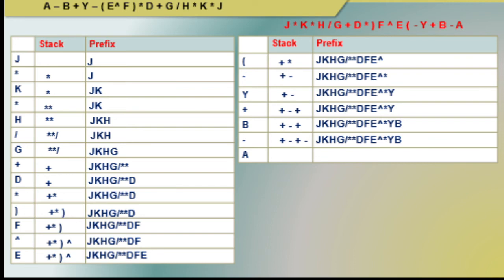Our stack still contains our addition operator, subtraction operator, addition operator, subtraction operator. And our output now is JKHG, division operator, our two multiplication operators, D, F, E, exponent symbol, multiplication operator, Y, B, and A operands.